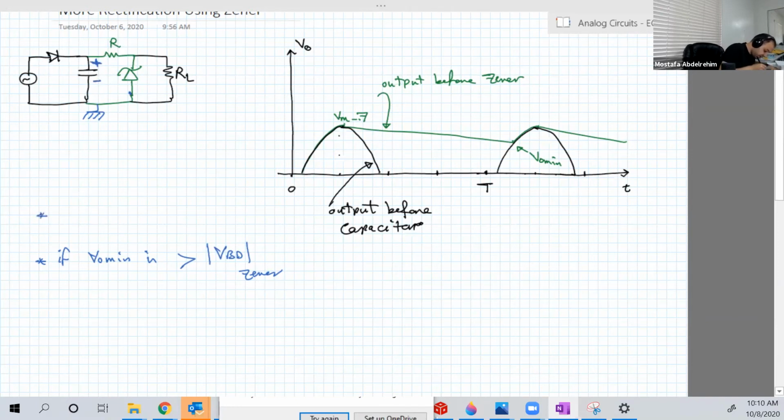So the Zener here, in regard to the VO, is reversed.